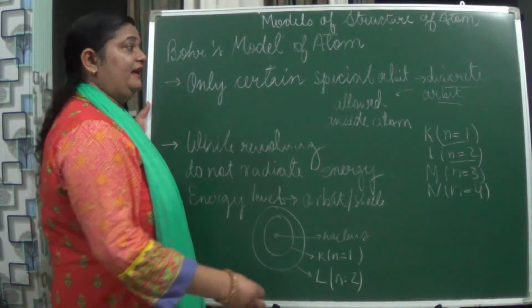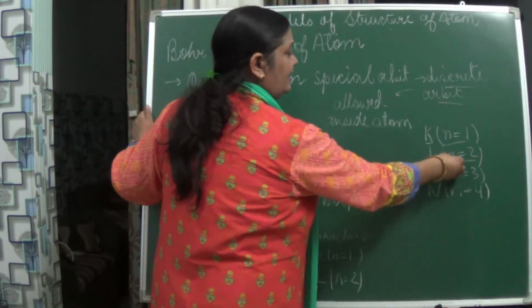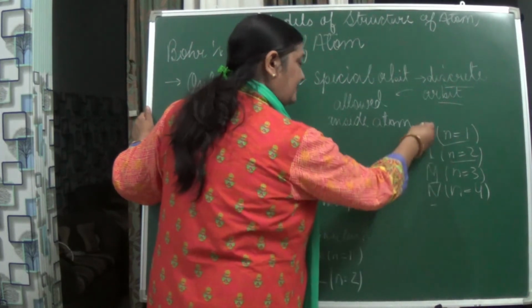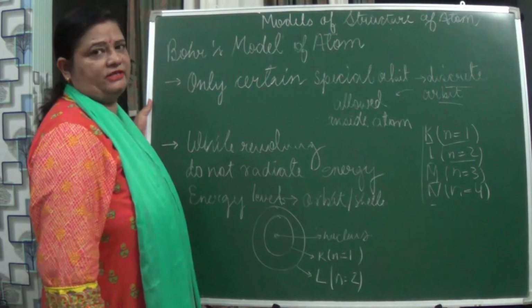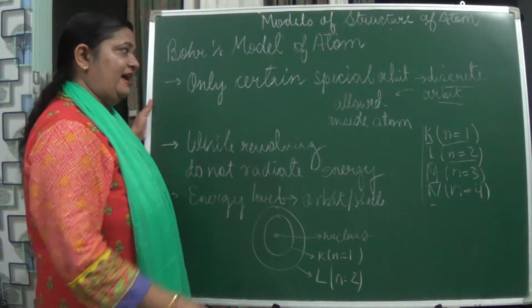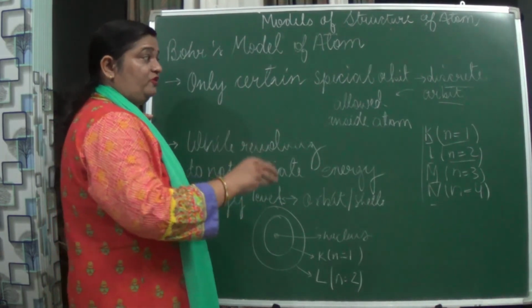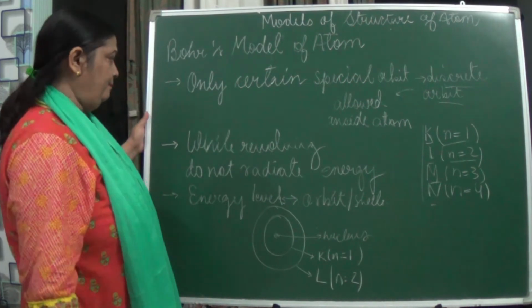Like he named the first orbit K, second L, third M and N. And he said that all the orbits have some specific energy, and as a result, only these discrete orbits are allowed. If there is a fraction or a negative, it will not be allowed.